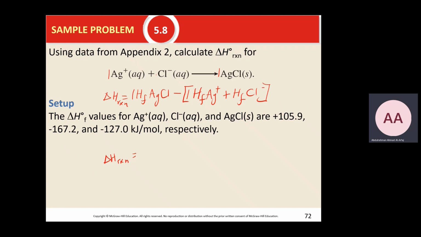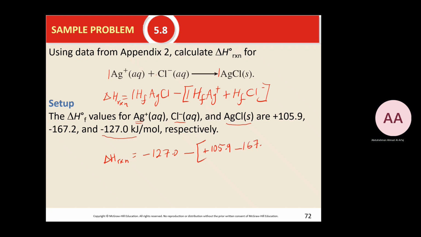The heat of formation of AgCl is minus, and I keep it as it is, minus 127.0. Then this is minus the heat of formation of Ag plus, which is plus 105.9, and the heat of formation of Cl minus is minus 167.2.